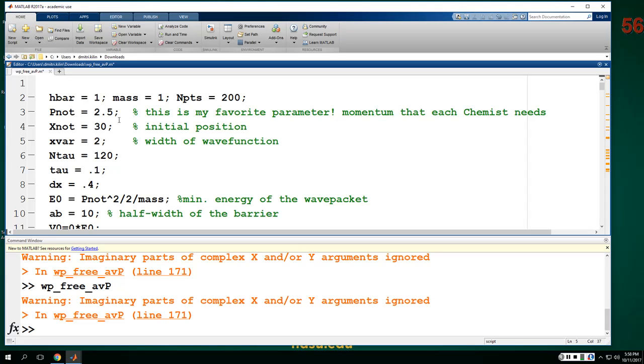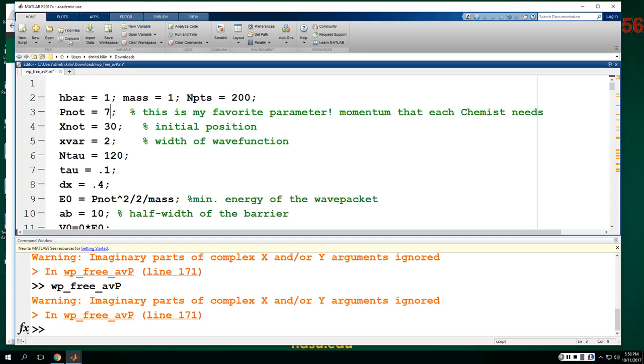So I'm setting P naught equals, let's say, 7. File. Save. Probably I should click on this floppy disk. Okay.